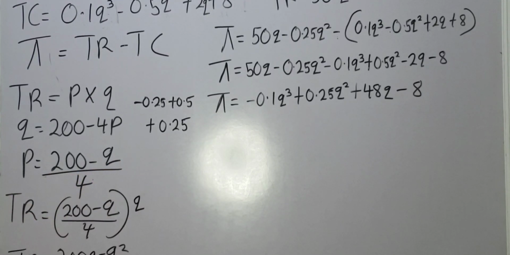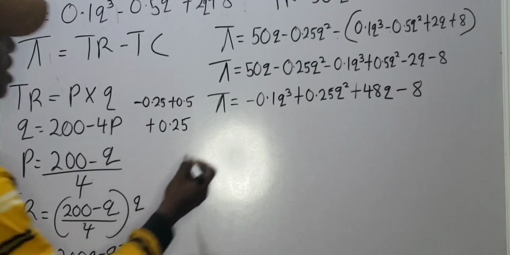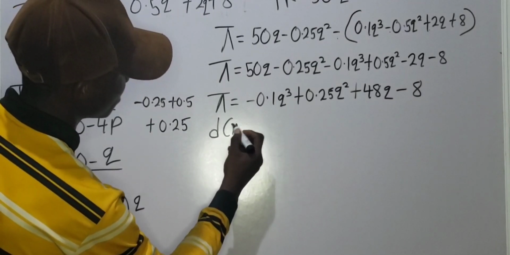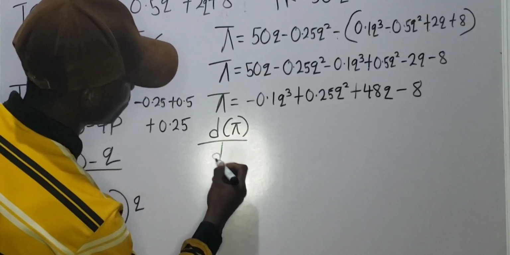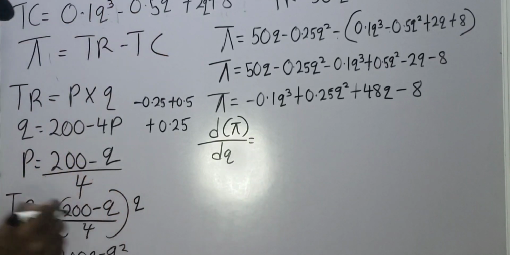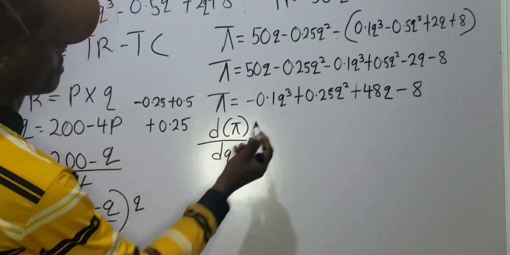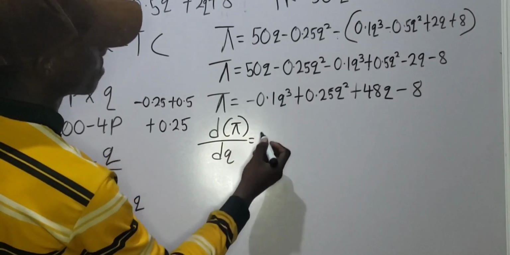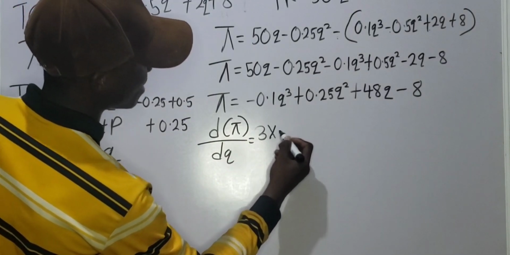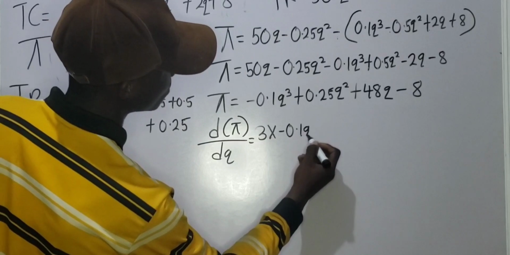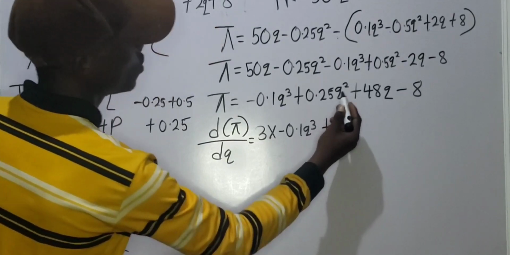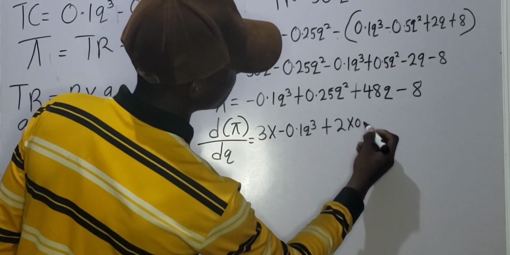So I'm going to have d pi over dq equals, according to what we did in our last class, don't forget that according to the rules of differentiation, the power will multiply the coefficient: 3 multiplied by negative 0.1q raised to the power of 3, plus 2 multiplied by 0.5.